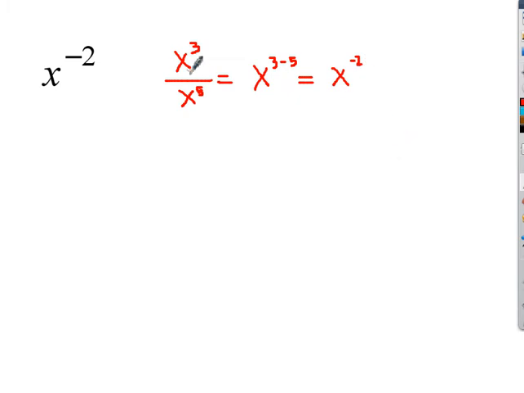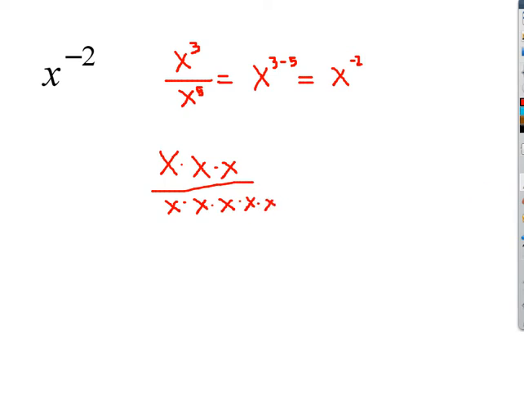Let's see what that is. That's going to be x times x times x all over x times x times x times x times x.